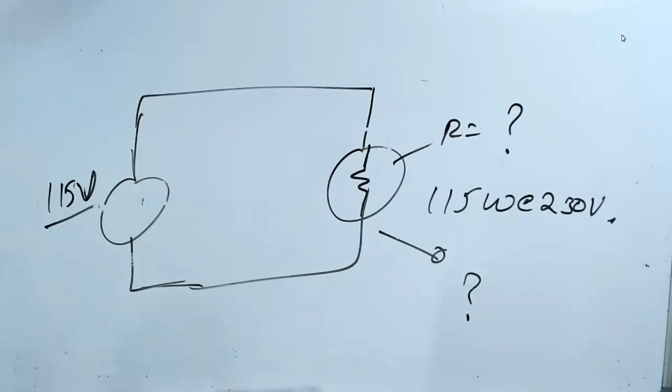First of all, rule number 1. This gate gives you 115 watts at 230 volts itself. I am giving a lower voltage now, so I will never get more power. That's very common sense. At 230 volts this gate gives you 115 watts, but I am applying only 115 volts.